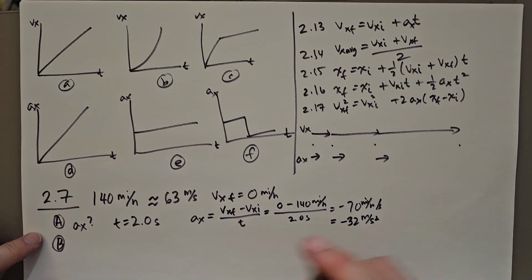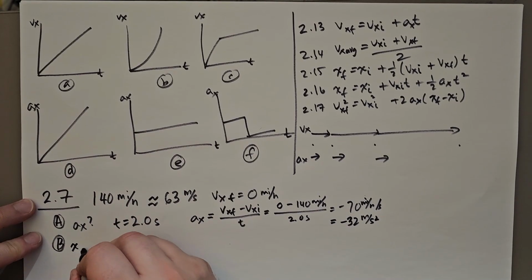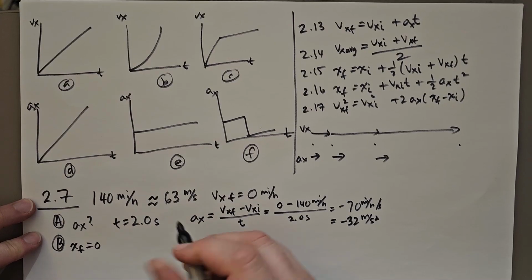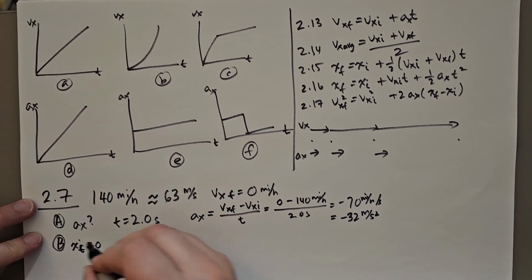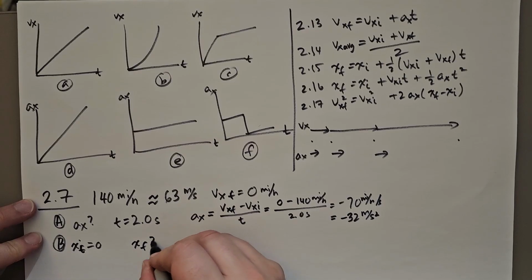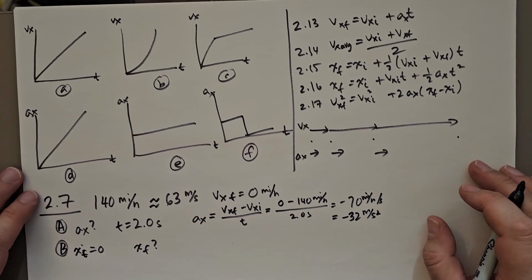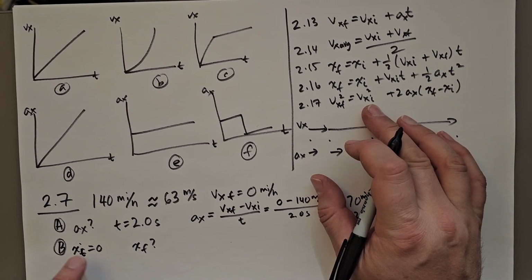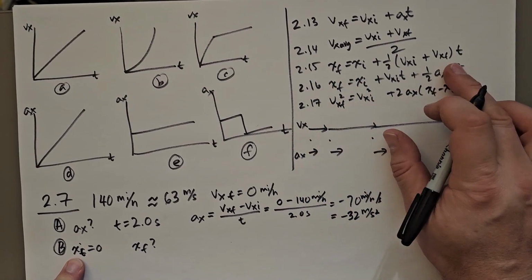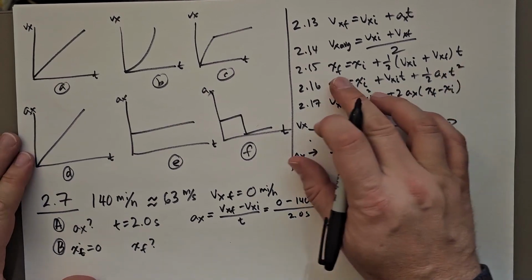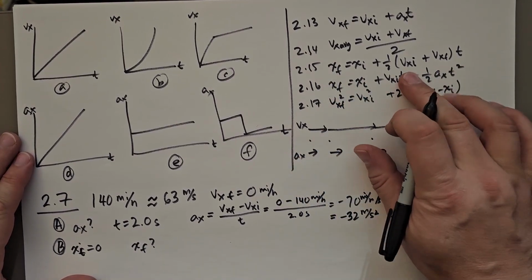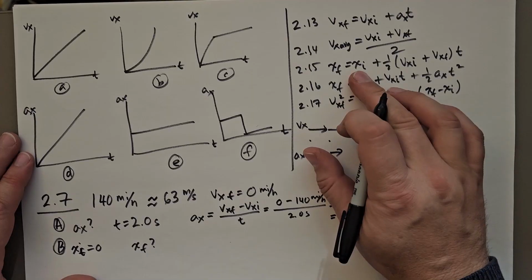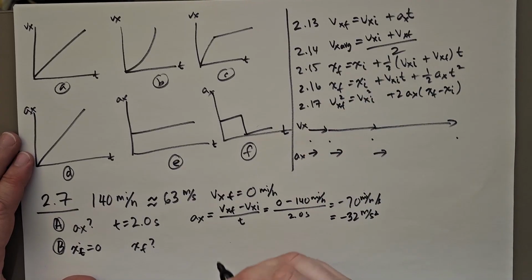B, if the jet touches down at the final position is 0, initial position is 0, what is the final position, right? So we can use any of these equations as long as there's x of f and x of i. We can use this one. This one's probably the most useful one, I think, because we have, that's going to be 0. That's going to be 0. So let's use that one.